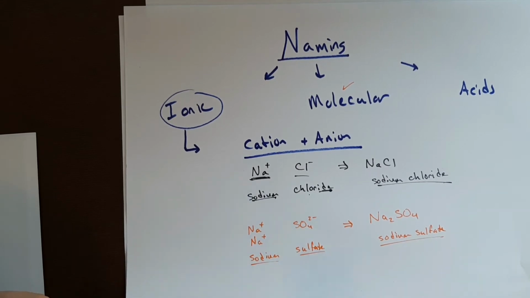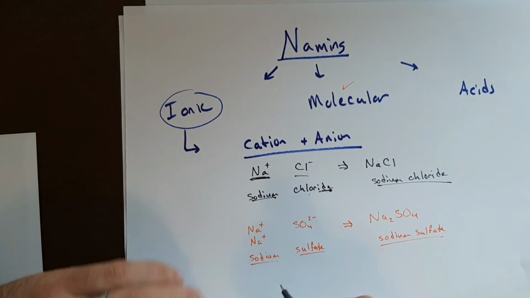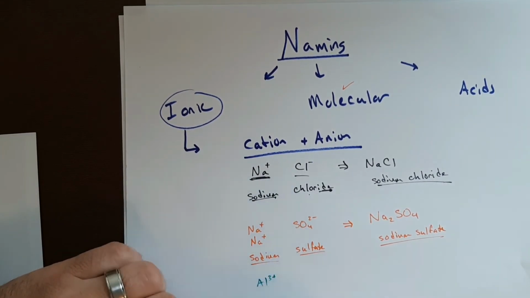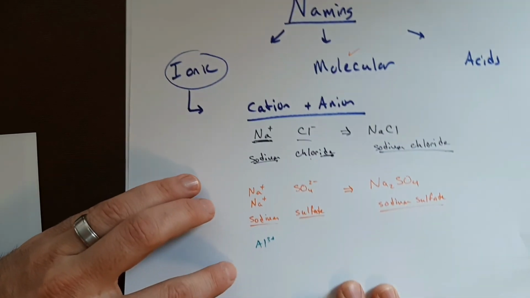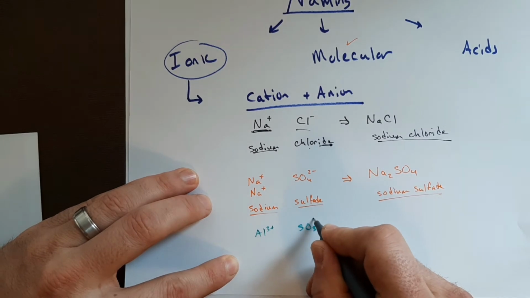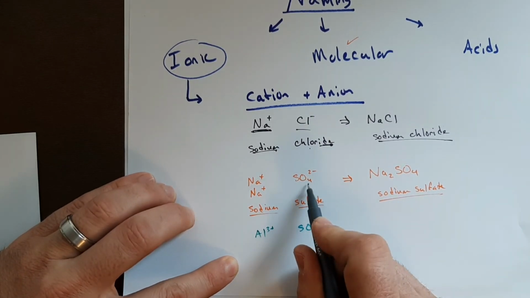Let's try another one. We'll try aluminum sulfate. So aluminum, or maybe we'll do this one. We'll take aluminum, which is a 3+ ion, put it together with this ion. Okay, so that's not sulfate, right?